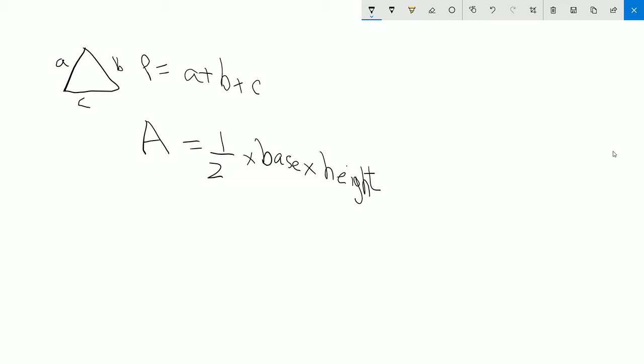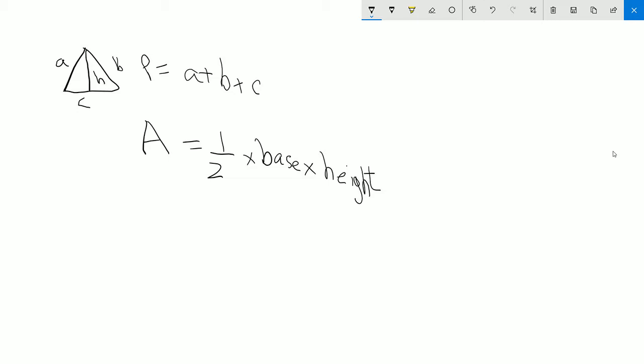Remember, this side C is the base of this triangle, because this side is the one which we reach if we drop a perpendicular from these two sides which are intersecting here. And remember, the length of this perpendicular is known as the height of the triangle.